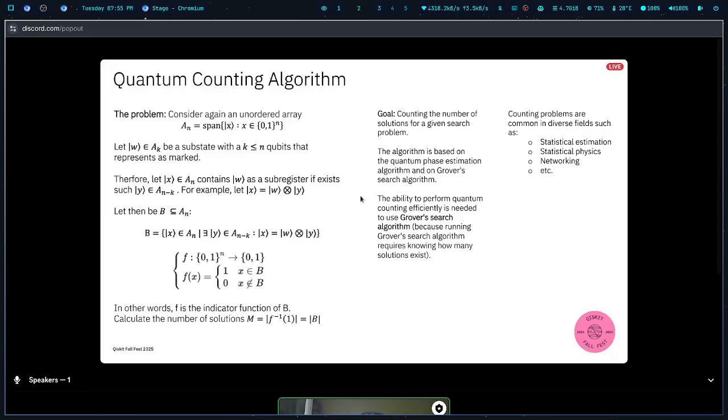So we'll have a really good amplitude to be able to search these states, but it wouldn't be 1 if we have an M greater than 1.